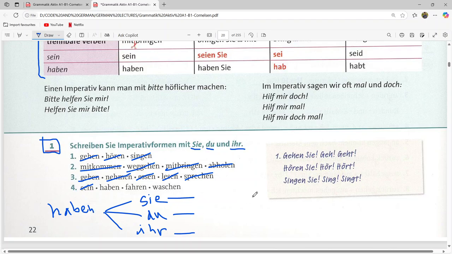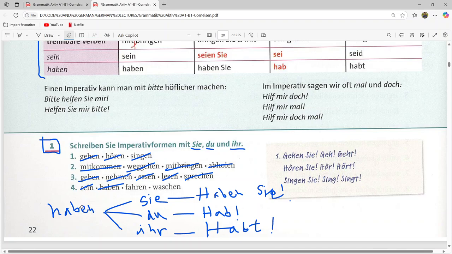In the Sie form it is easy, it is haben Sie. In the du form it should be habst, but st will be removed, just only hab. And in the er form it is habt.